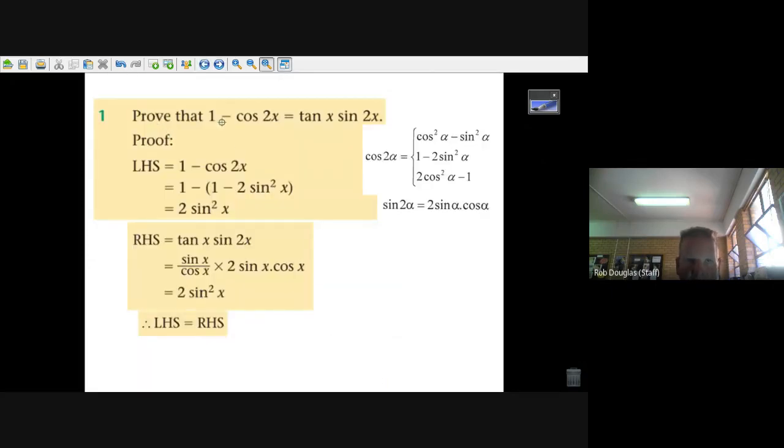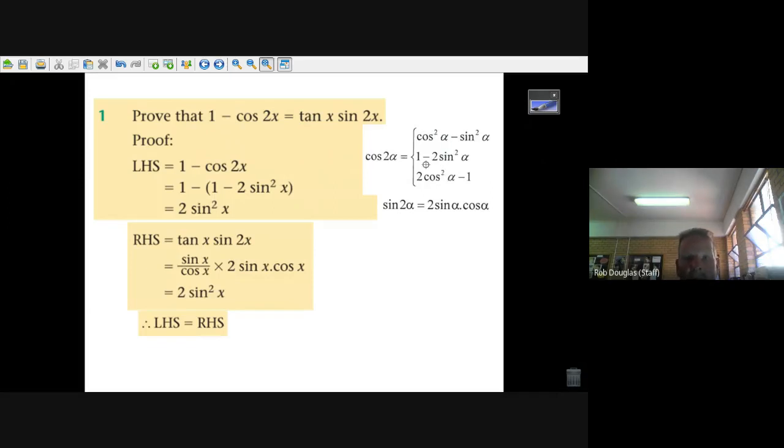So the question is, you're supposed to prove that 1 minus cos 2x is equal to tan x times the sine of 2x. You're supposed to prove that the left-hand side equals the right-hand side. So what you do is you start with one of the sides, and it depends on the question. But this one here, 1 minus cos 2x. So you look at that cos 2x, and the way this game is played, on your formula sheet, you have 3 different formulas that you could choose from.